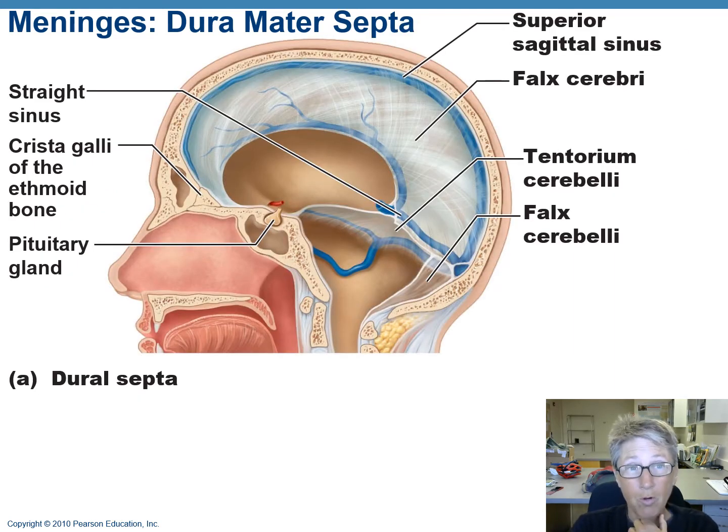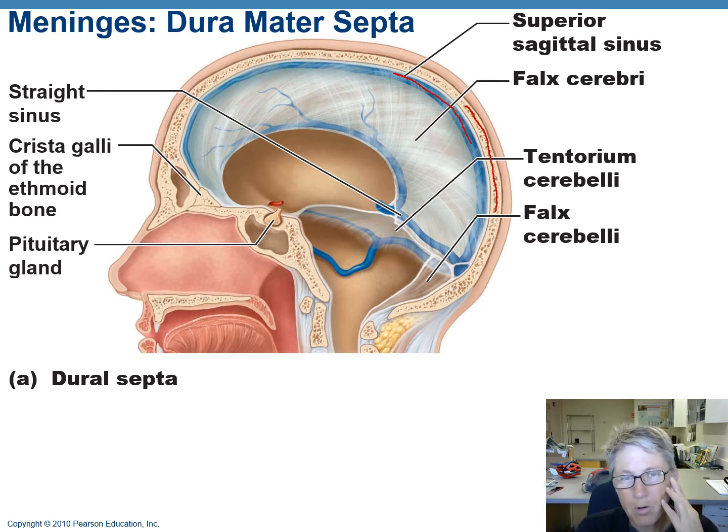So this is a cartoon of the septa, or the walls of the dura mater. So again, you can tell this is the bone, and then this is the superior sagittal sinus that we saw in the last cartoon.